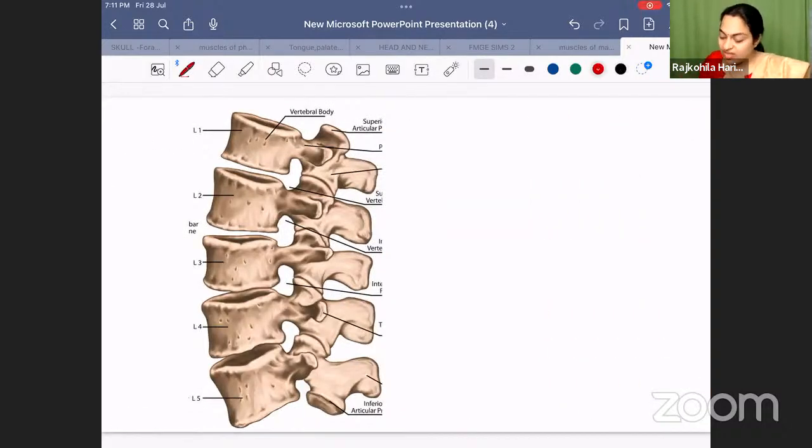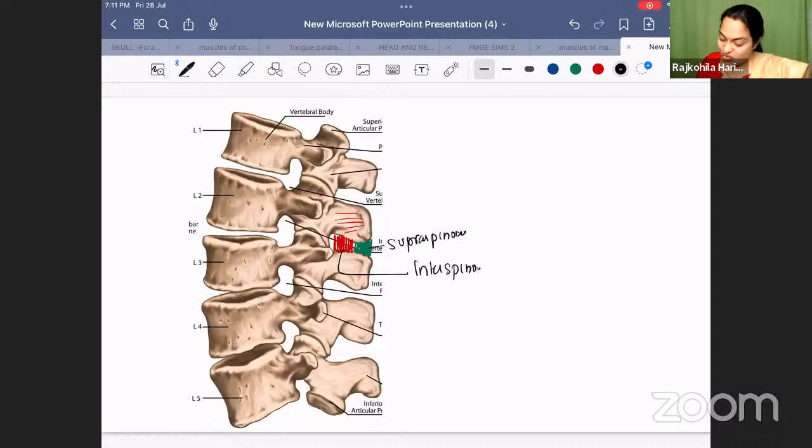So you know this is the spinous process, right? Connecting the spinous process, this will be the interspinous ligament. And here, just above the tip of the spinous process, this will be the supraspinous ligament.